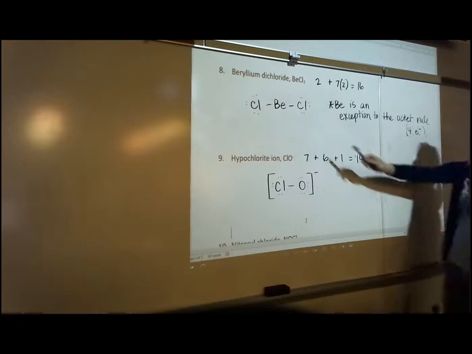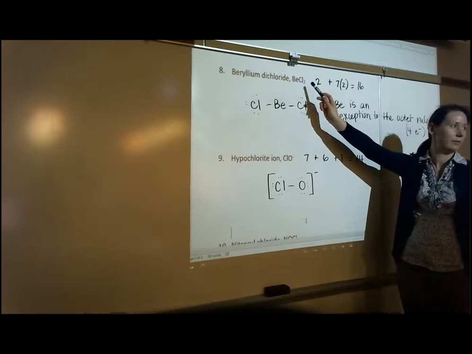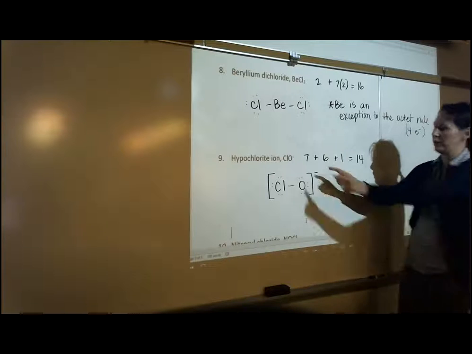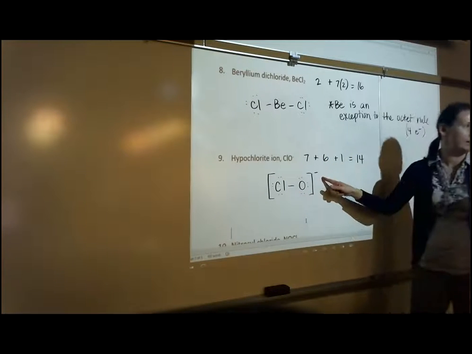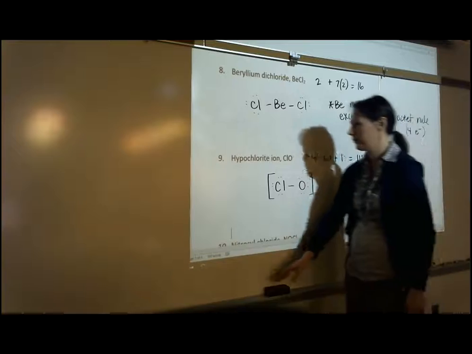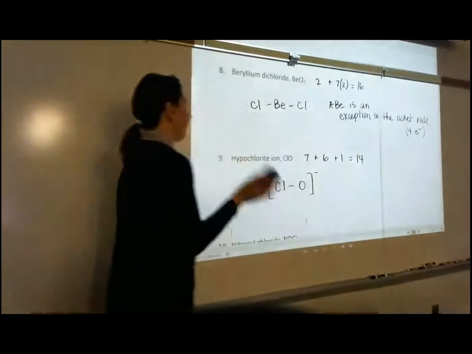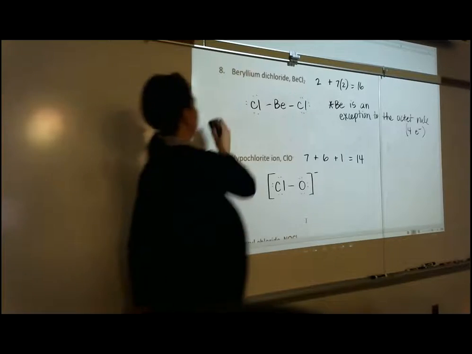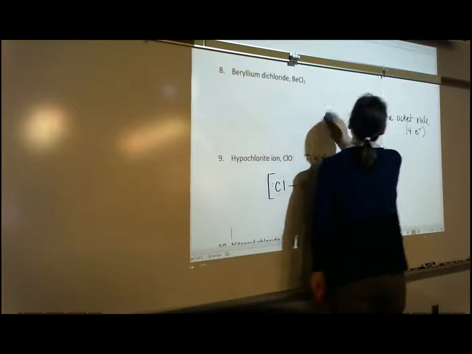So you wouldn't need brackets around this one because there's no charge. You only need the brackets to show that the entire molecule carries that negative charge. Any questions on 8 or 9? Feeling good about these? All right.